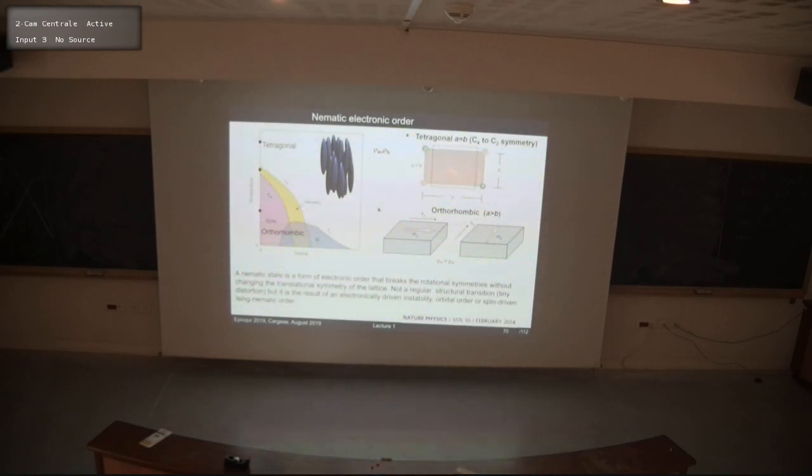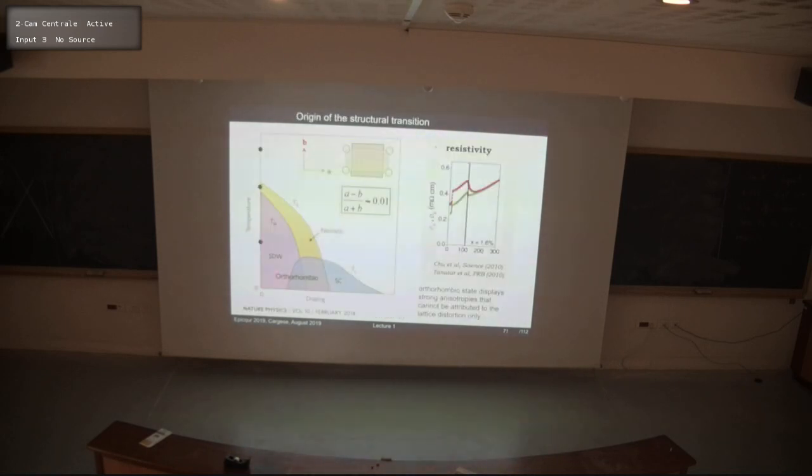Now, if it's electronic, we can think of either orbital degrees of freedom, where we have the breaking of the degeneracy and some sort of orbital order effects, or we can have interactions which can deform the Fermi surface. So all these effects will lead to anisotropy in the electronic behavior. And these are some experiments showing the large difference between rho a and rho b as a function of temperature, which is a factor, I think, of 6 to 8 larger than what you expect from a simple lattice distortion.